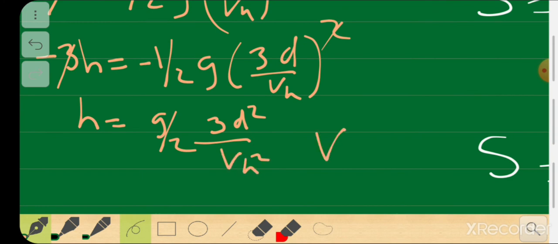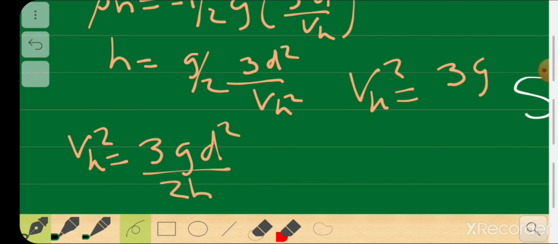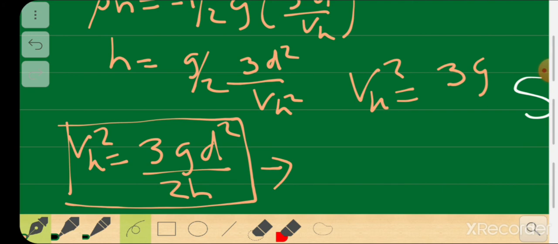So vx squared will be equal to, let me rewrite it here, vx squared must be equal to 3 g d squared by 2h. So that's very simple. That's the equation for velocity vx.